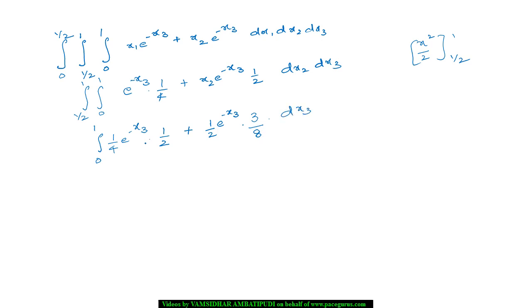So this is 1 by 8 e to the power of minus x3, and this is 3 by 16 e to the power of minus x3. So 1 by 8 into 1 by 8 plus 3 by 16 is 5 by 16.